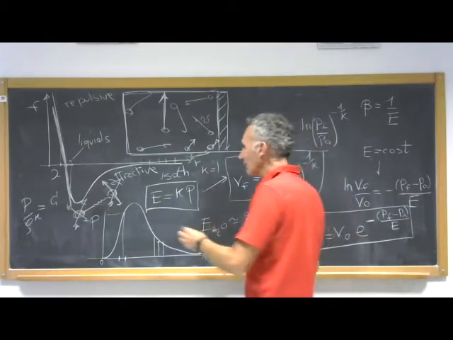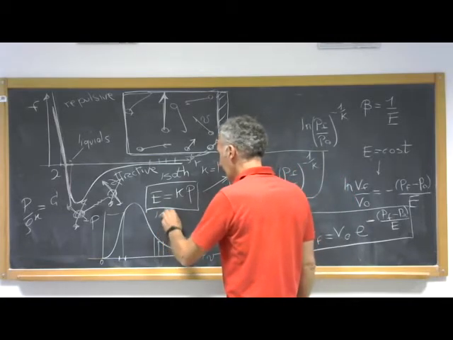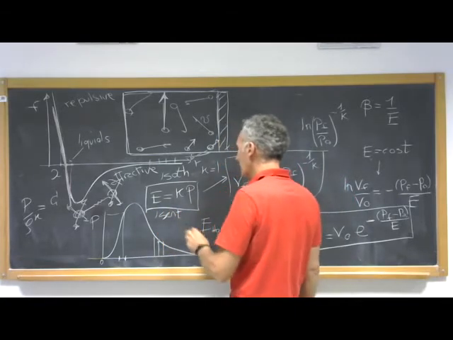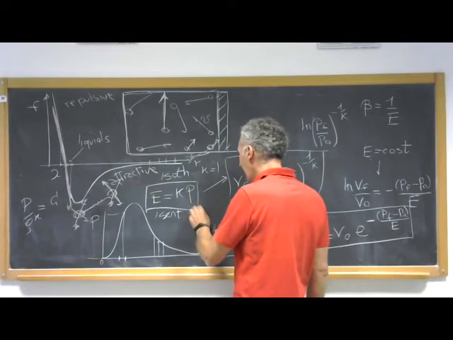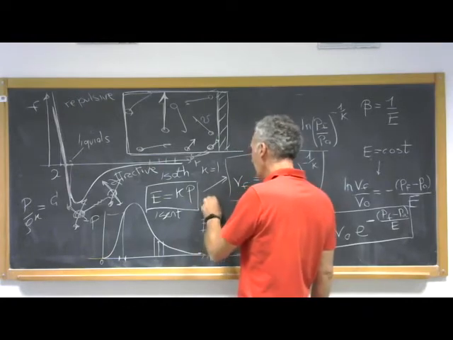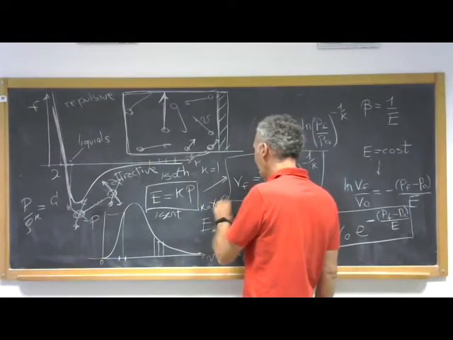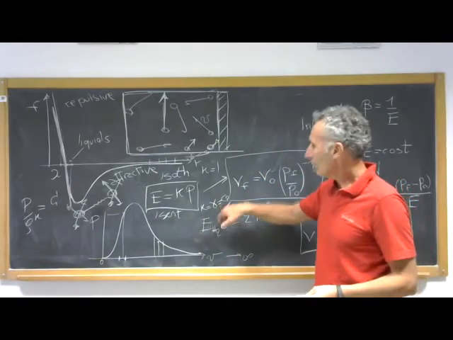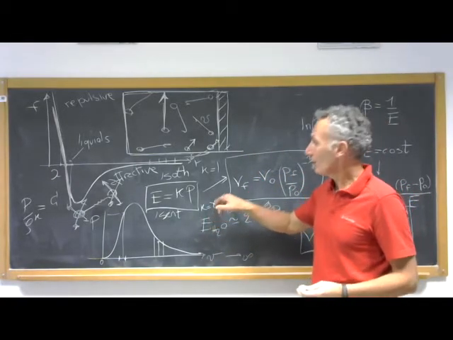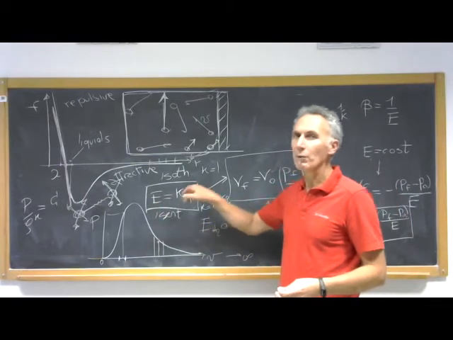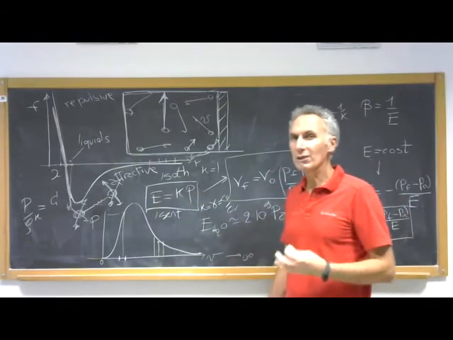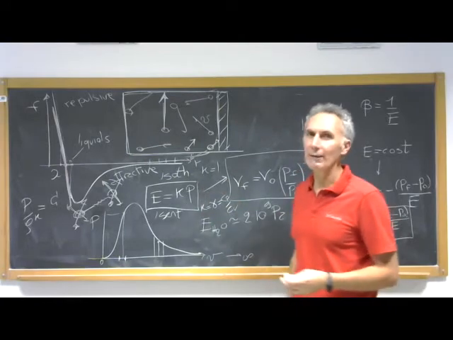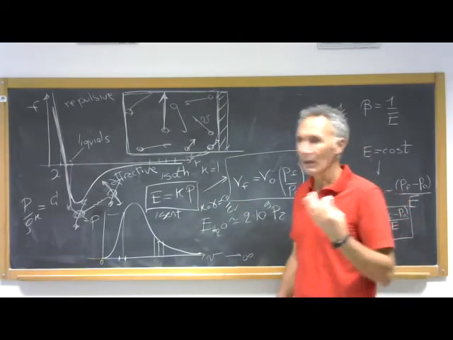For an isentropic transformation, K is equal to gamma, which is Cp/Cv. Now, if you take care, this ratio is 1.4. So it means that E is 1.4p. So it is 40% bigger than for an isothermal transformation. So what is going on?